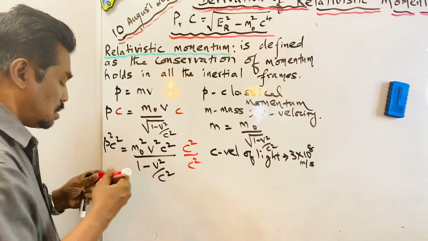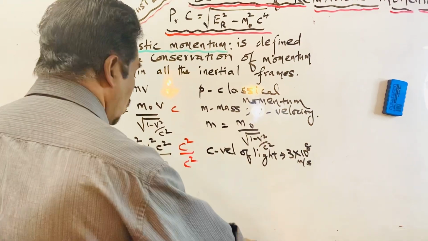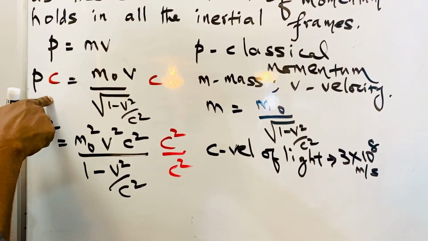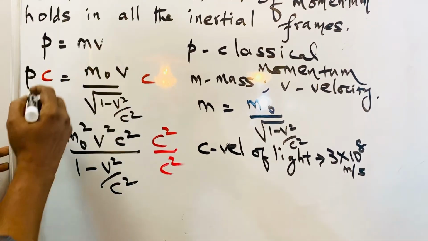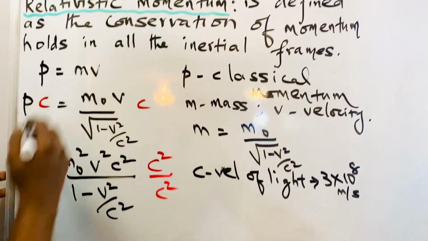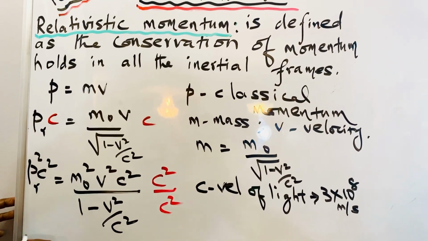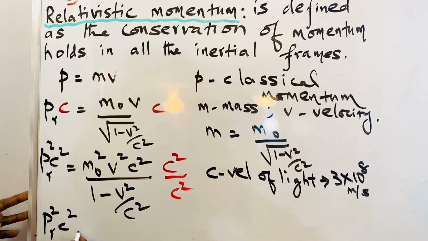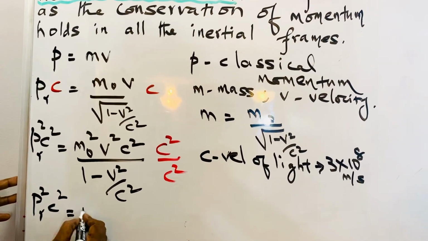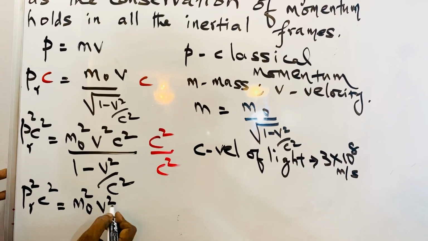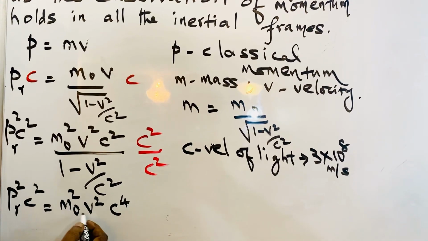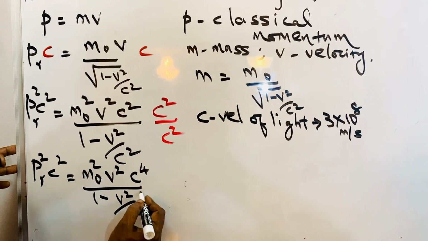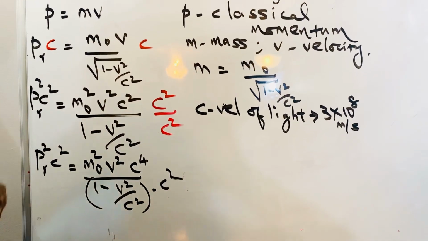The value will not change. So on simplification, P square c square will be equal to m0 square v square c power 4 over 1 minus v square over c square, times c square.